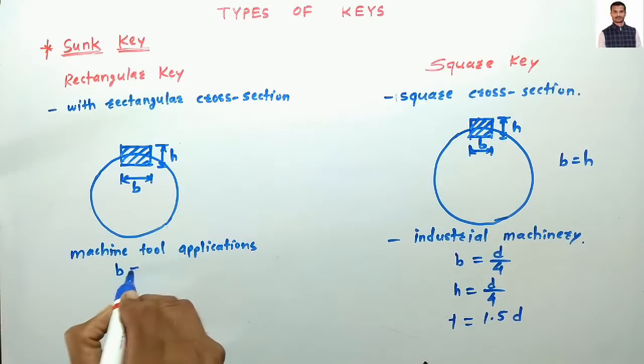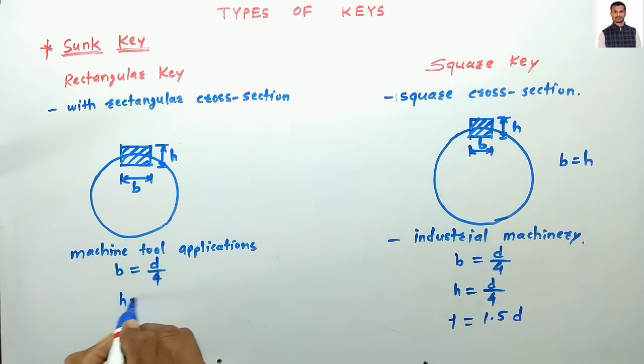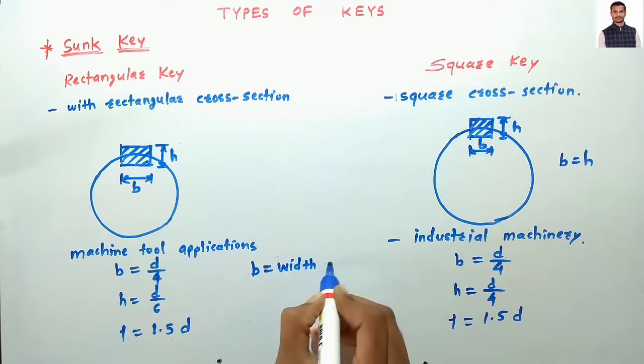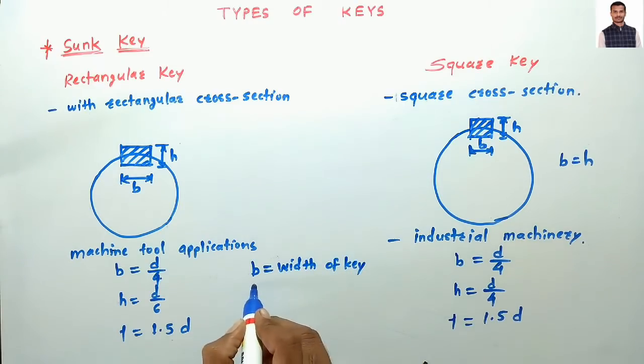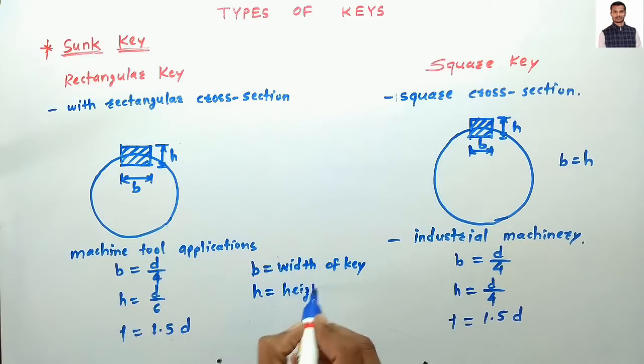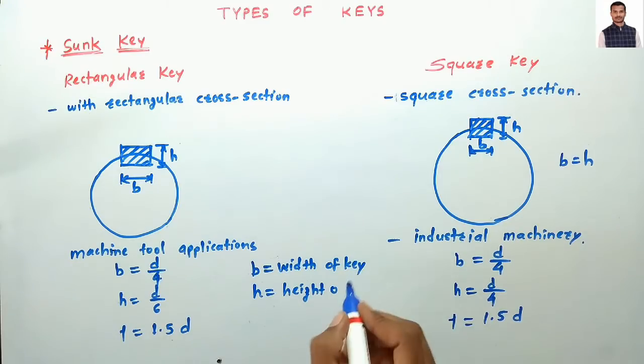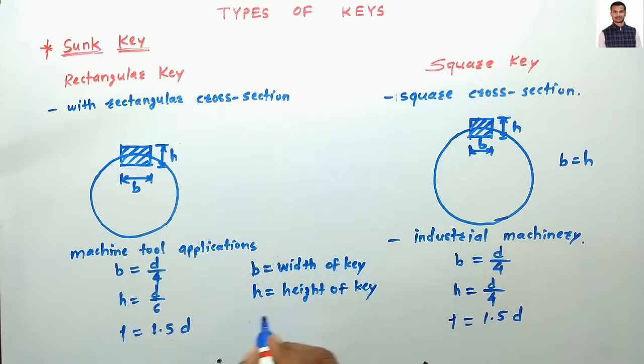In rectangular keys, B is taken as D by 4, H is taken as D by 6, and L is taken as 1.5 times the diameter of the shaft. Here B is the width of key in mm, H is the height or thickness of key in mm, D is the diameter of shaft in mm, and L is the length of key in mm.